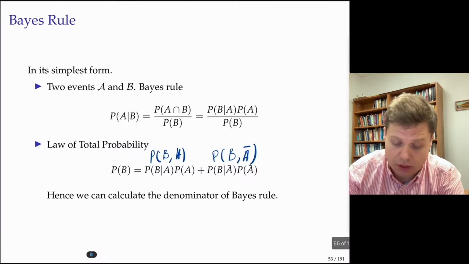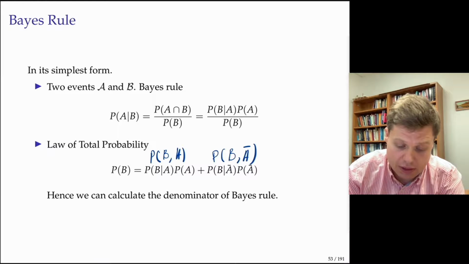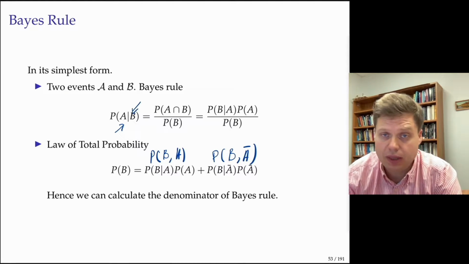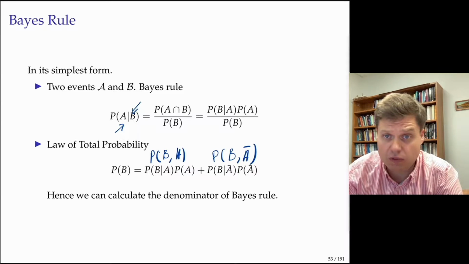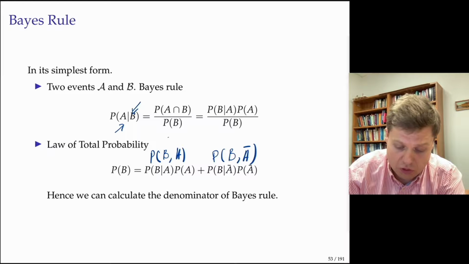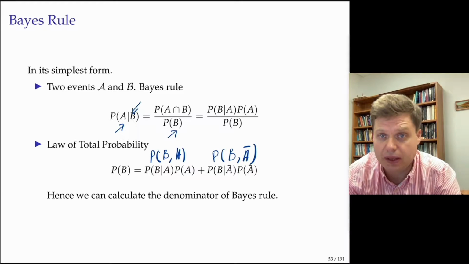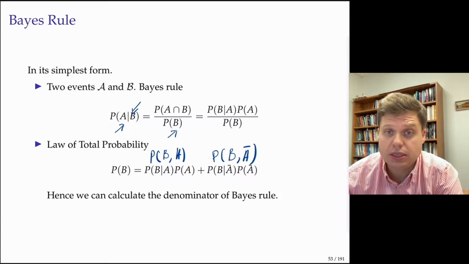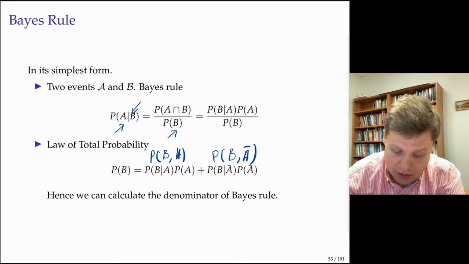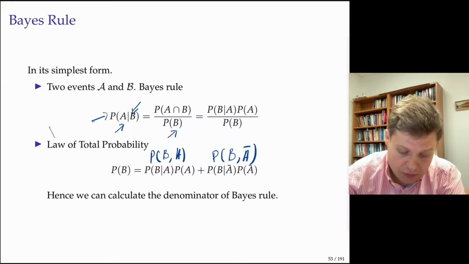So we want to update the probability over A given some evidence B, and it's just a ratio of the joint probability over A and B divided by the total probability over the evidence B, and the terminology stays the same. So the updated probability we call posterior.